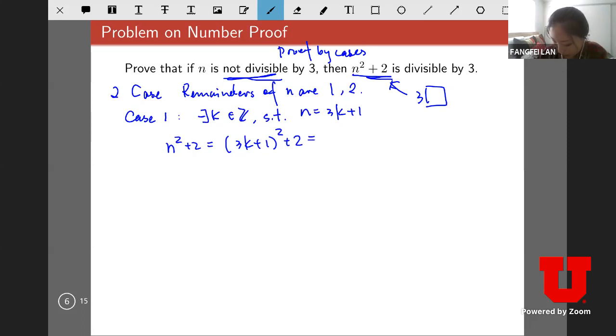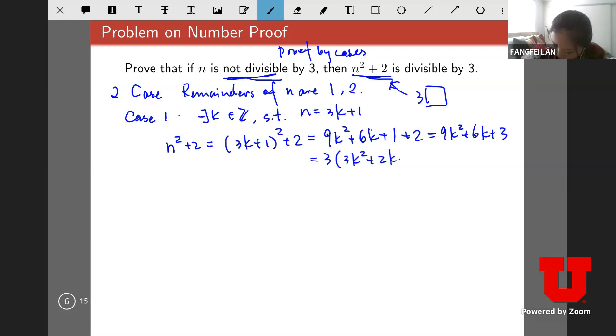Algebra again: 9k squared plus 6k plus 1, and then plus 2. Then we have 9k squared plus 6k plus 3, and that gives us 3 times (3k squared plus 2k plus 1), because we take out the 3 since we want it to look like 3 something.